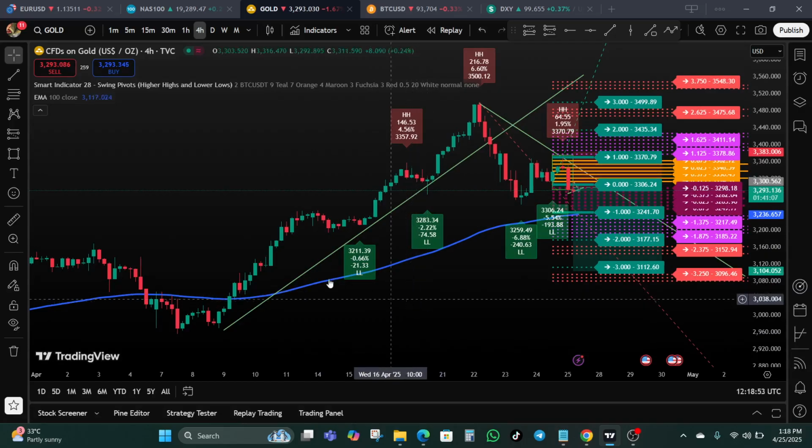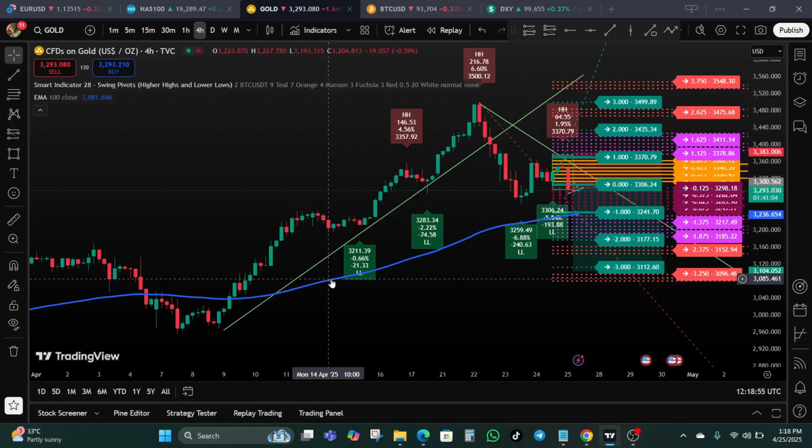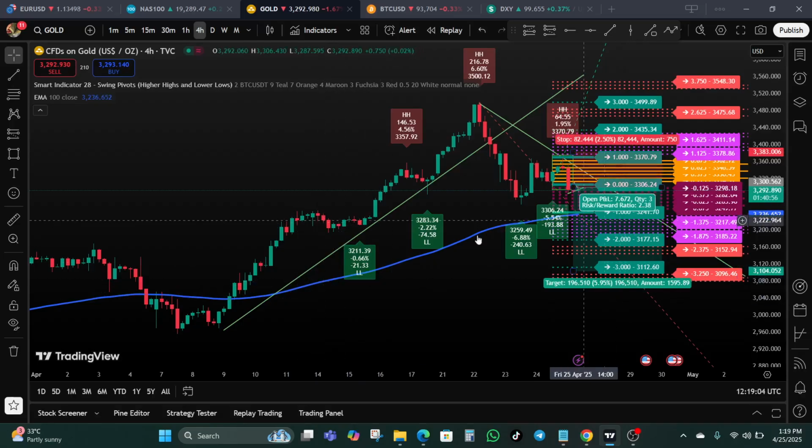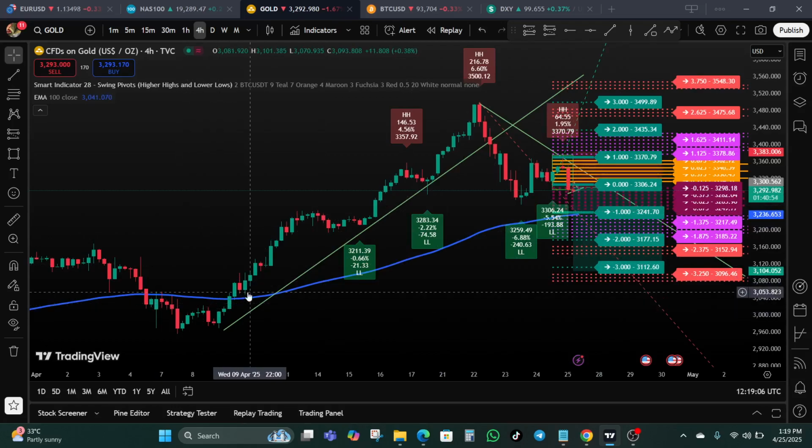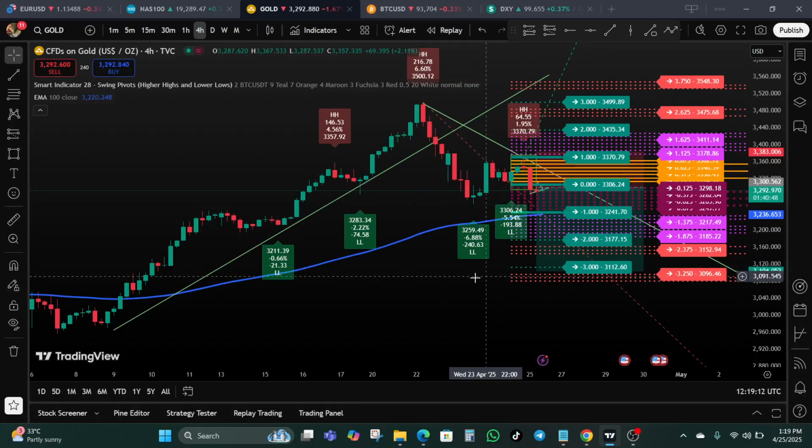As a swing trader, you want to know the overall trend direction and the best trades to take. And the best, of course, are in the direction of the overall trend. So for the fact that price is still above the 100 EMA, it means that we should be focusing more on buy opportunities.